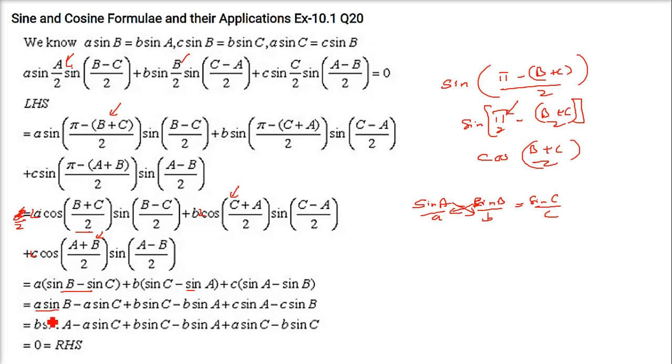When I write b sin a, this b sin a gets cancelled with b sin a. Similarly, in place of a sin c, I can write c sin a, by cross multiplication. So a sin c will be c sin a.